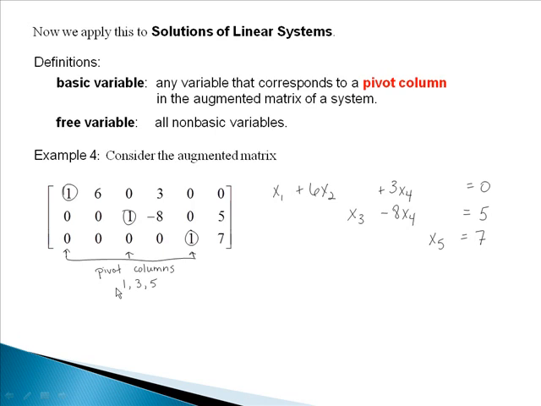And notice then that the variables that it corresponds to are x1, x3, and x5. And so then those are now our basic variables. They correspond to the pivot columns. And then the free variables are all the non-basic variables. So that would be x2 and then x4.